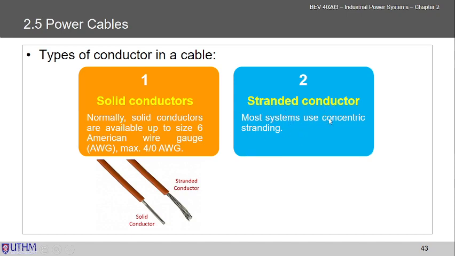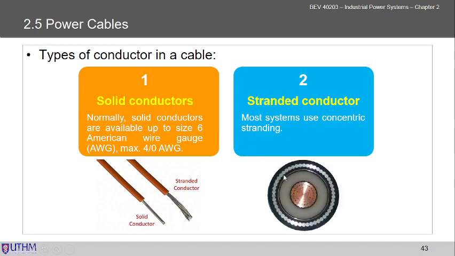Normally concentric stranding is used, like this one. So this is the so-called concentric stranding. Concentric, it's just concentrated like that. It is not like this one. It's a smaller wire. Normally in electronics we have smaller wire stranded conductor like this one, but in power cables normally we use concentric stranding like this one.